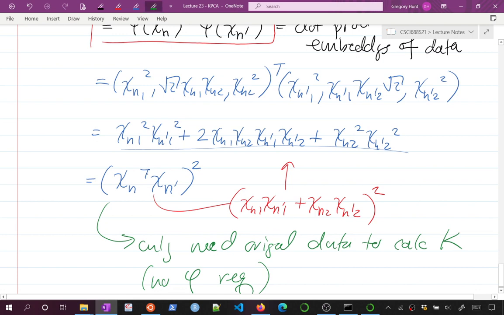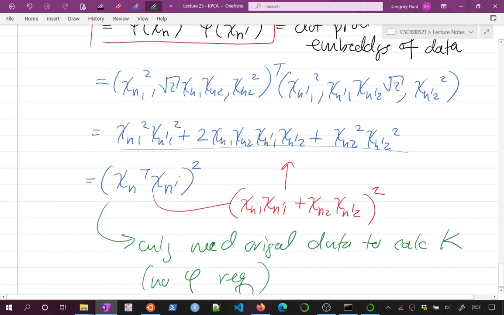All I need to do is take the dot products pairwise between my observations, square that, Bob's your uncle, we have the elements of K. And so it's actually really easy. I stay with my original p-dimensional space, never go into the huge d-dimensional space.